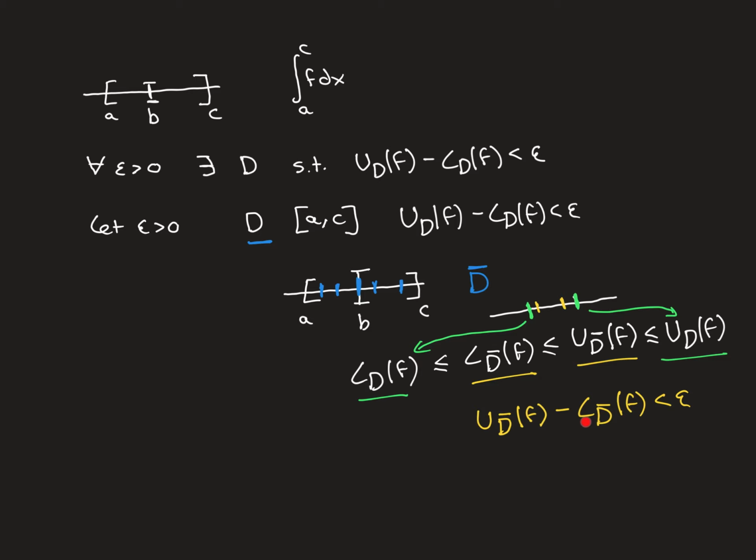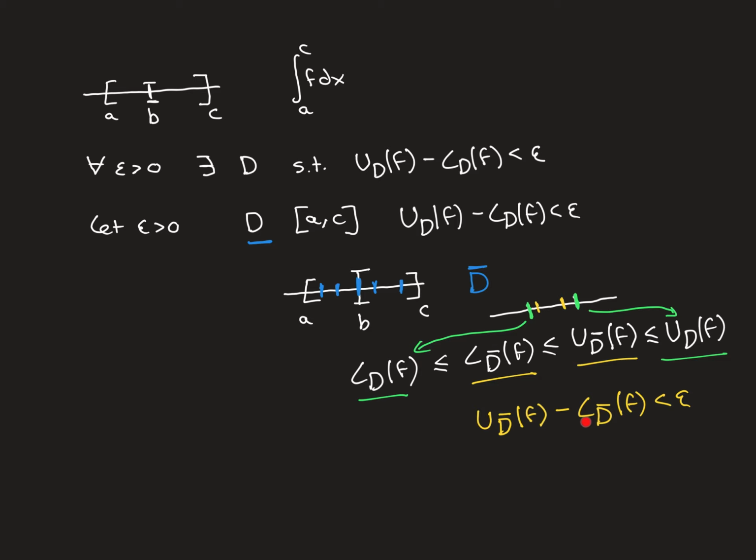So now I can split D bar into two separate dissections, a dissection of the interval AB and a dissection of the interval BC. We'll call those D1 and D2.